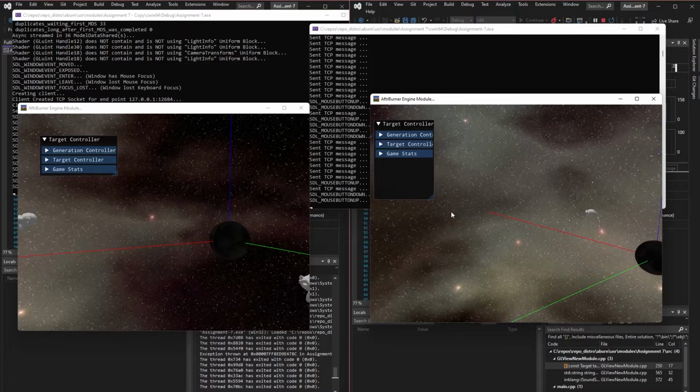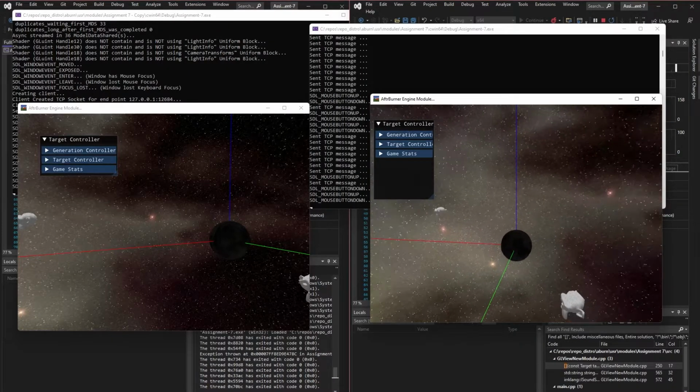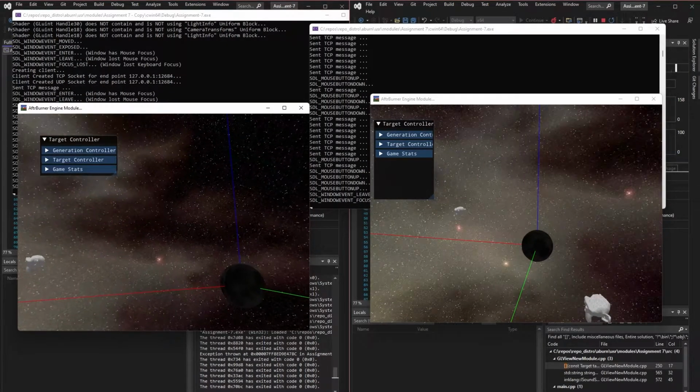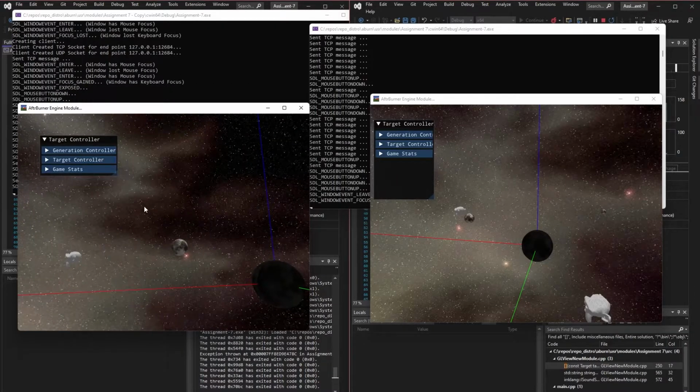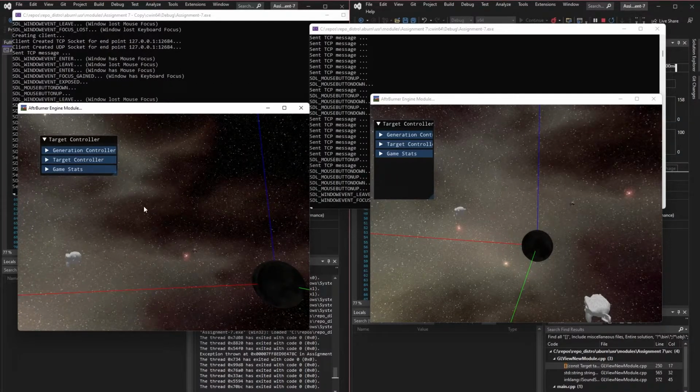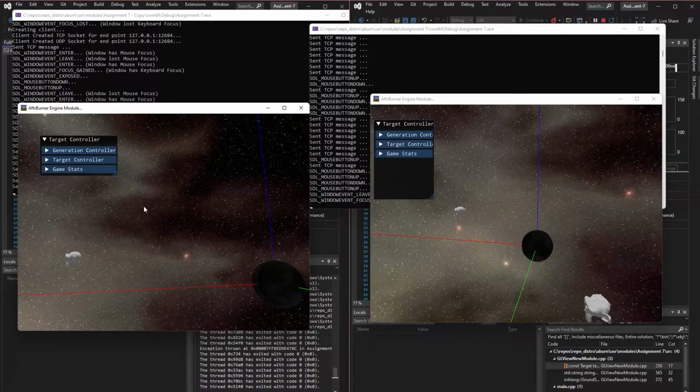Ideally, between these two instances, the physics should look identical. However, these two instances do process their own physics. I don't just process it on the host machine and send the orientation and location information to the client. I thought it might be more interesting to get them both processing the physics on their own.